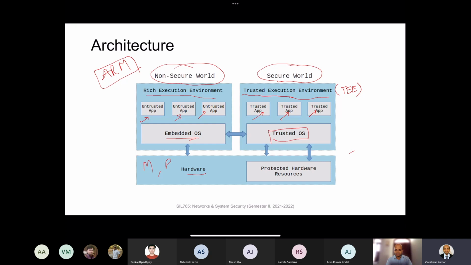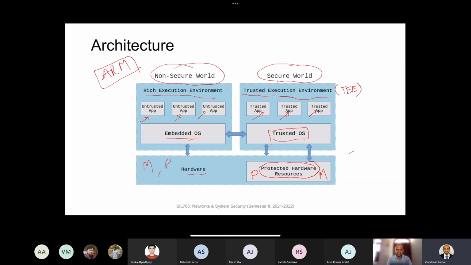And then you will have this trusted OS running these trusted applications, and this trusted OS will have access to protected hardware resources. So it may have access to memory, it may have access to a separate processor.